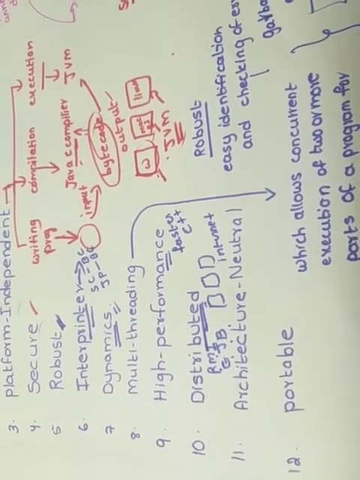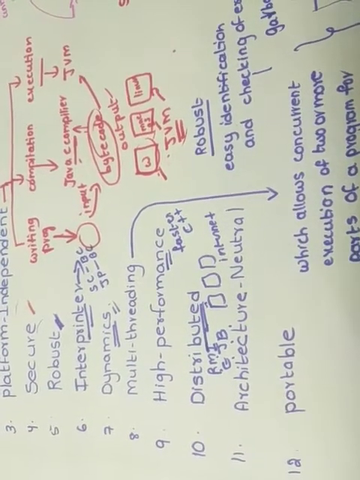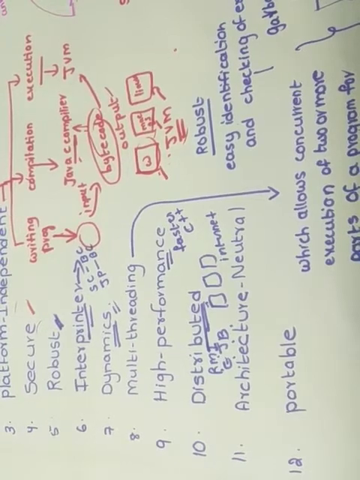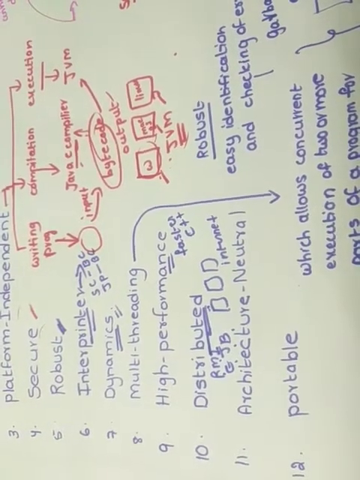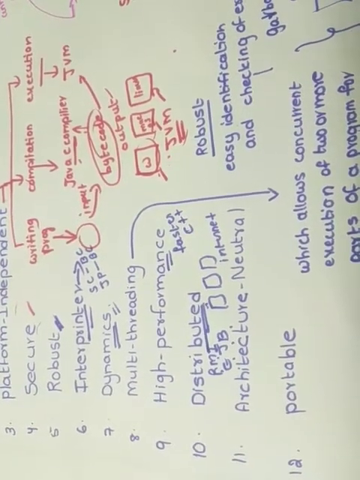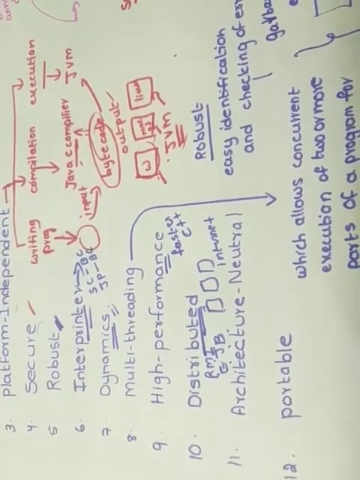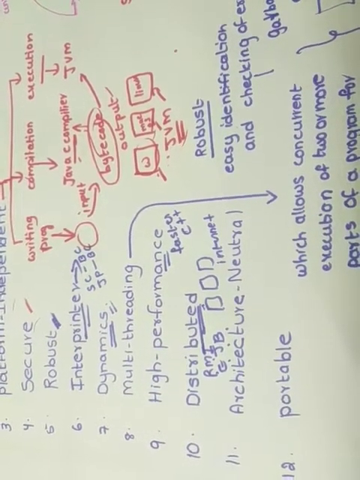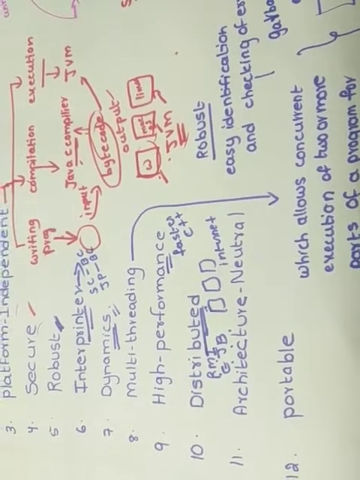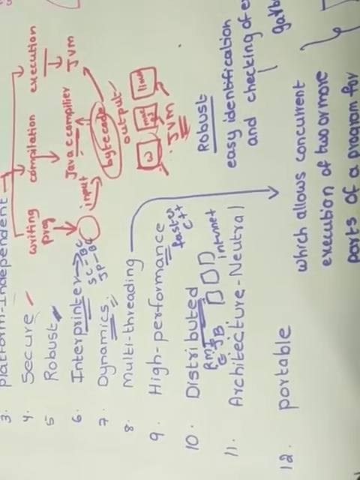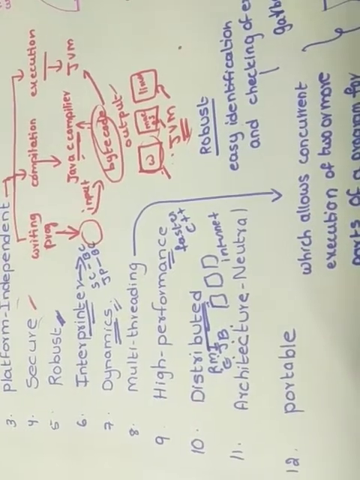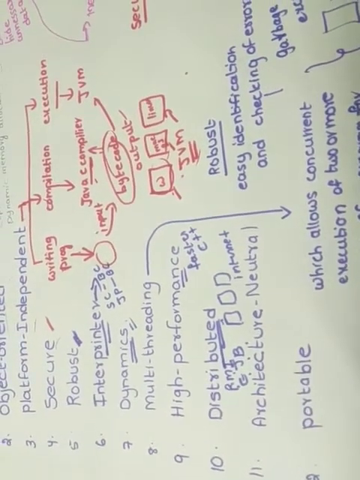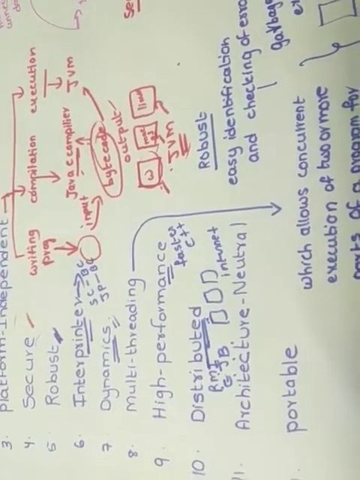If it is 32 bit, then the compiler takes 4 bytes of memory. That is, memory allocation depends upon architecture. In Java, irrespective of architecture, the memory allocated to the variable will not vary.